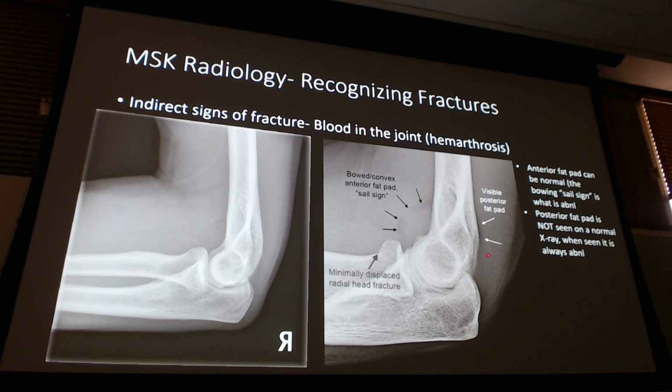You see how it's got that radiolucency there right in the back part of the humerus that's not on the normal, okay? What that's from is blood from the small fracture, because it's such a small area, putting pressure on those fat pads, so it pushes them up. It makes that anterior one balloon up like a sail, but then more importantly, it pushes the posterior one up more and makes it visible.